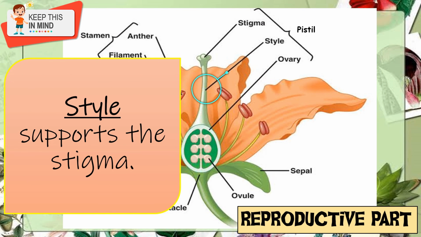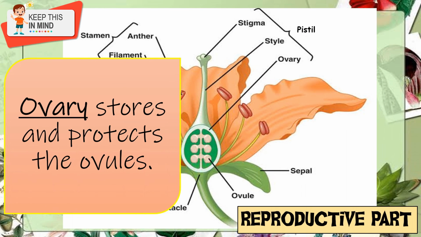Style is the long tube-like slender stalk that connects stigma and the ovary. Ovary stores and protects the ovules. It is the part of the plant where the seed formation takes place.